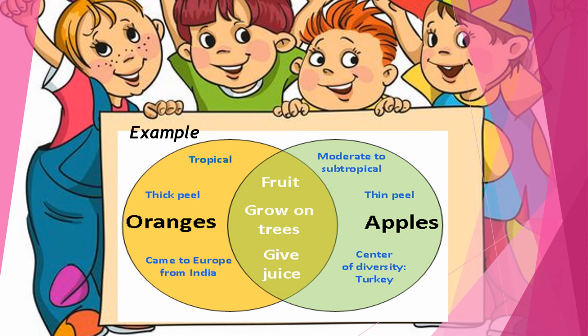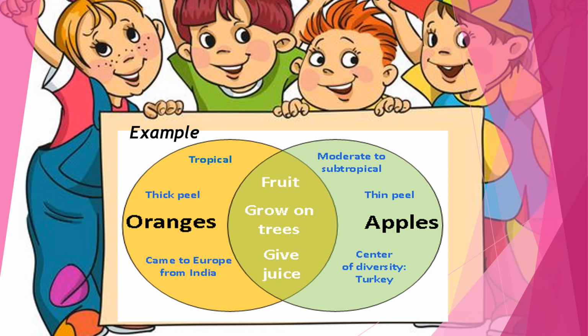Oranges: tropical fruits, thick peel. Thick, not thin. Thick peel. And came to Europe from India. That is the difference between the orange and the apple, because apples grow in moderate to subtropical countries. Oranges have thick peel, but apples have thin peel.